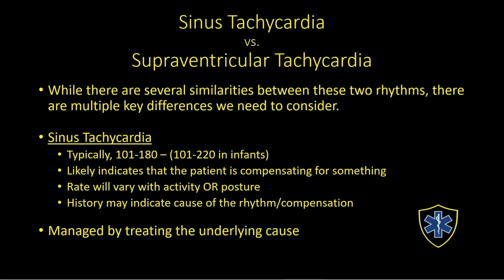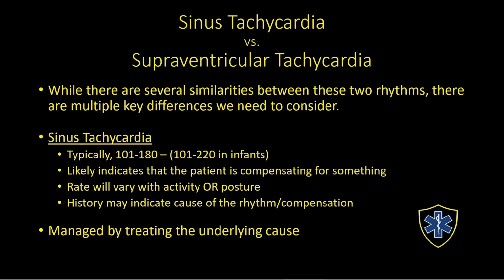For example, if you're dealing with a young child and they can't tell you anything, however, the family states they've been sick for 2 to 3 days and they've been throwing up and having diarrhea and not been able to eat or drink much of anything, that would lead us to think they're possibly hypovolemic. The story would tell us which one we're looking at. If they're hypovolemic, likely we're dealing with sinus tach and we can treat the cause.